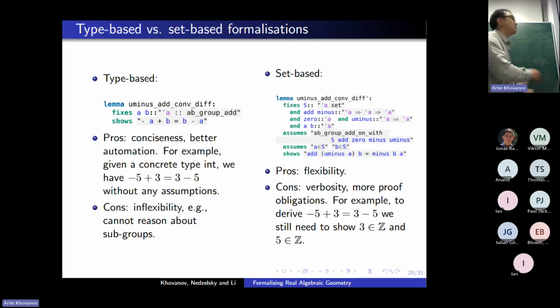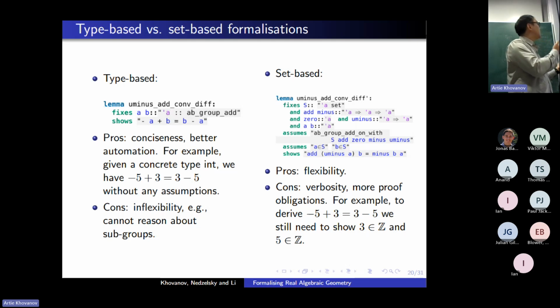And as Artie just mentioned, there's some difference between type-based formalization and set-based or locale-based formalization. But I'll repeat it a little bit here. On the left is a type-based formalization. When we say A and B are from an abelian group, we can have this simple lemma.